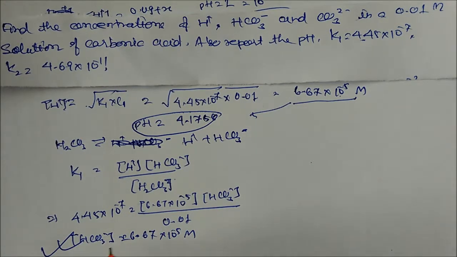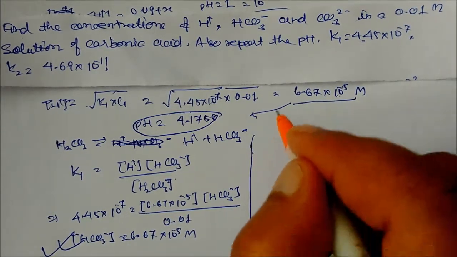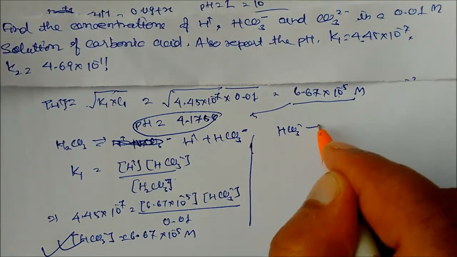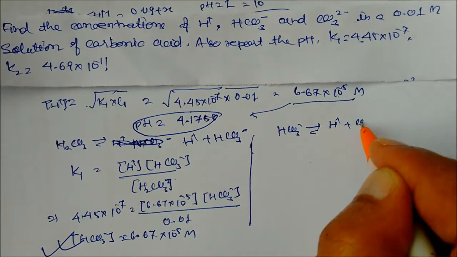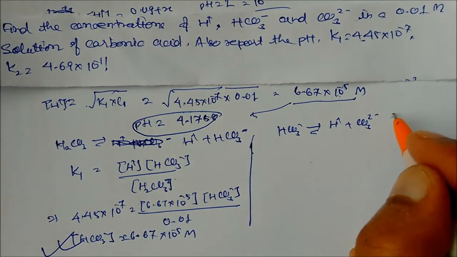Now HCO3 minus again dissociates, so it becomes H plus and CO3 2 minus. Here we have K2.